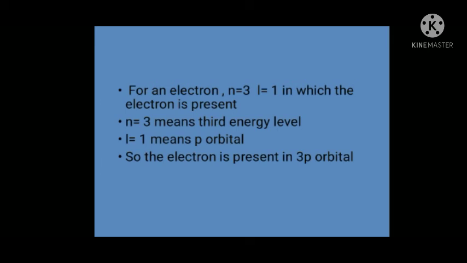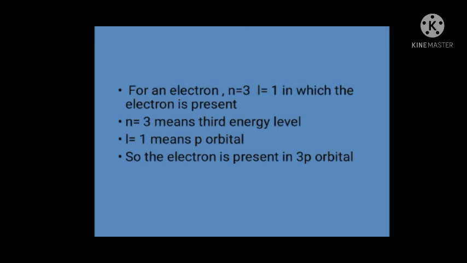The principal quantum number n determines the shell in which that electron is present, isn't it? So n is equal to 3 means that electron is present in the third shell. Then L is equal to 1 means which subshell? L is equal to 0, s subshell. L is equal to 1, p subshell. So here that electron is present in the p subshell.